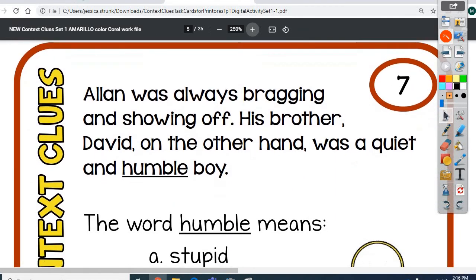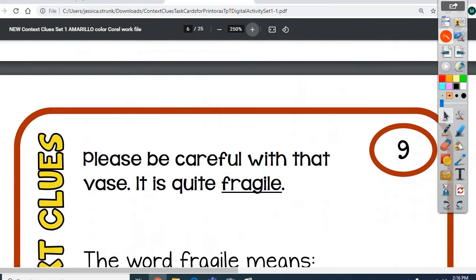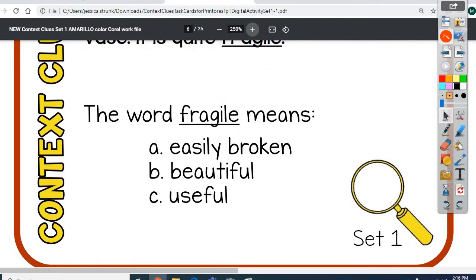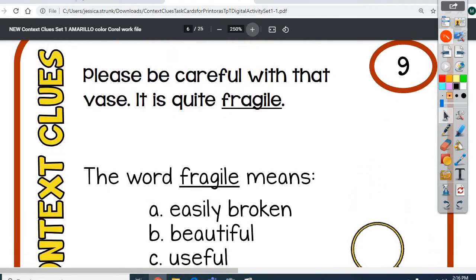Here's my next one. I'm going to find us a good one. Here's a good one. Alright, so we're just going to write number 1. This will be the first one we do together, so you can just put number 1. And it looks like the hard word is the word fragile.